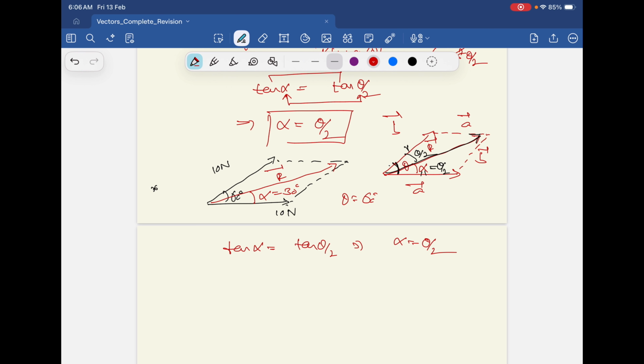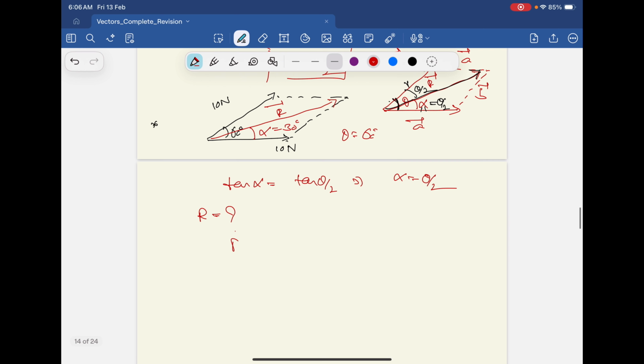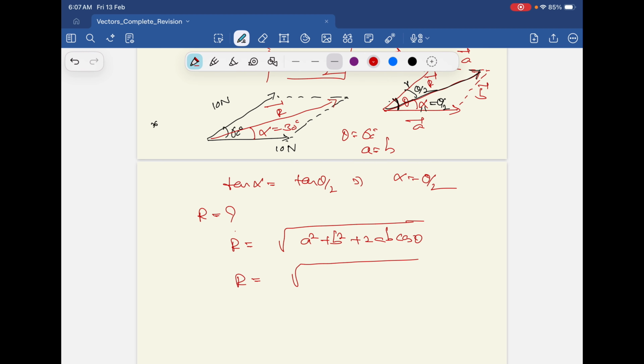In this case, what is the resultant if you ask? What is the formula for resultant? R is equal to root of a square plus b square plus 2ab cos theta. A is equal to b also, isn't it? These two vectors are equal. So you can take a square plus 2a into a, again a square into cos theta.